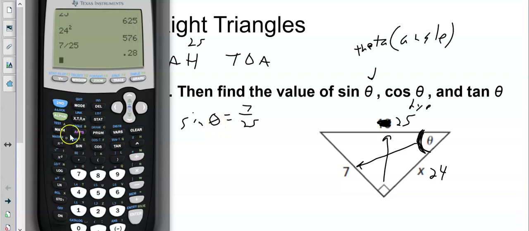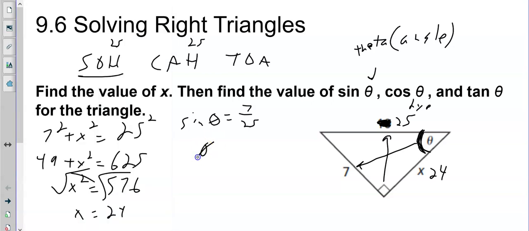So the way we do that is we're going to do the inverse sine. So we hit this button, sine, and we say 0.28. And we'll round that and say theta, or the angle, is 16.3 degrees.